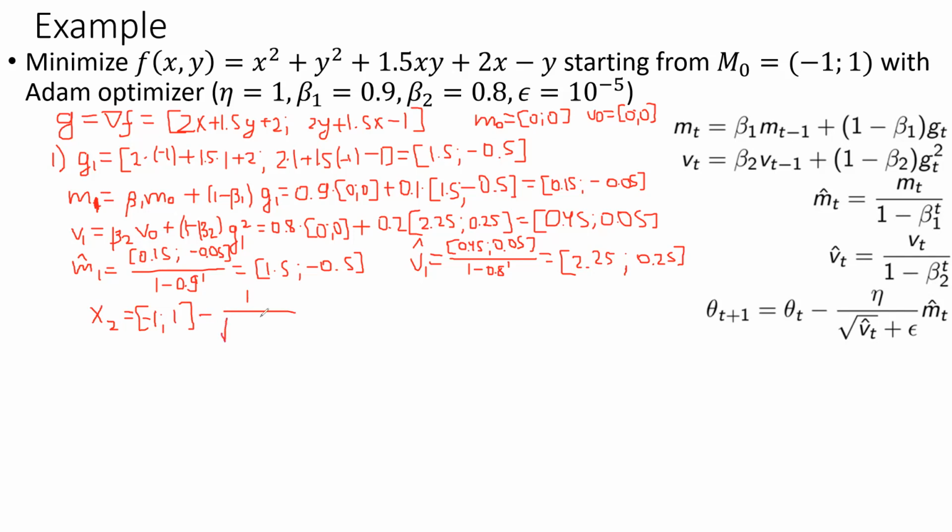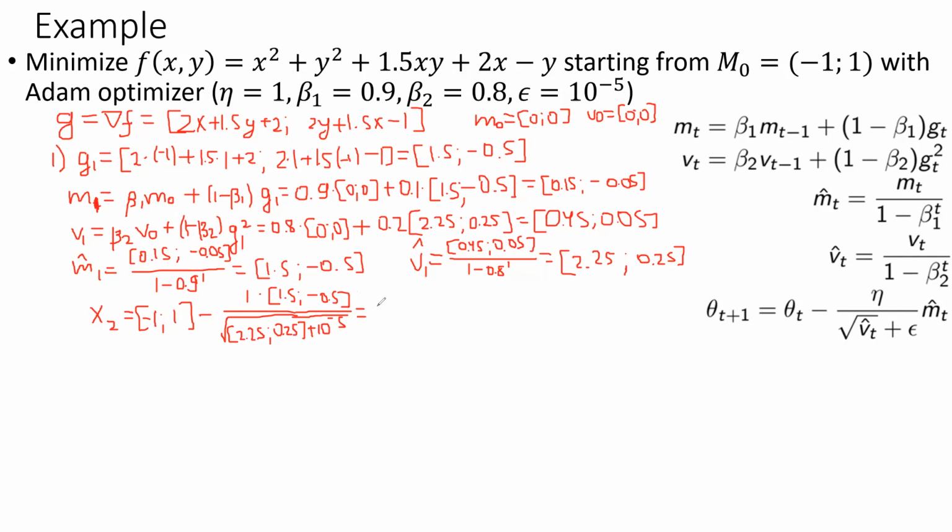So we'll have the square root of 2.25, 0.25, each added to the epsilon, which is a very small value, so we will disregard it. But you can try and see that we can do this. And now it's multiplied by m hat.